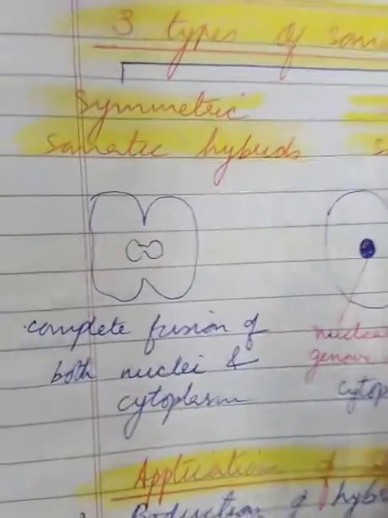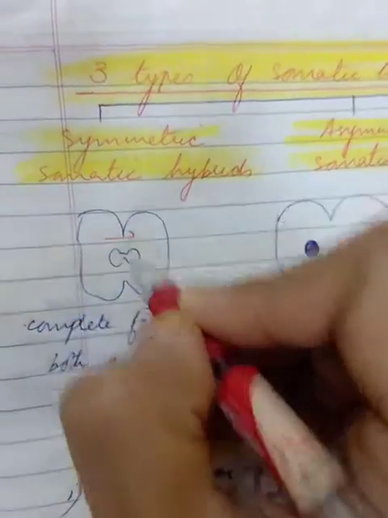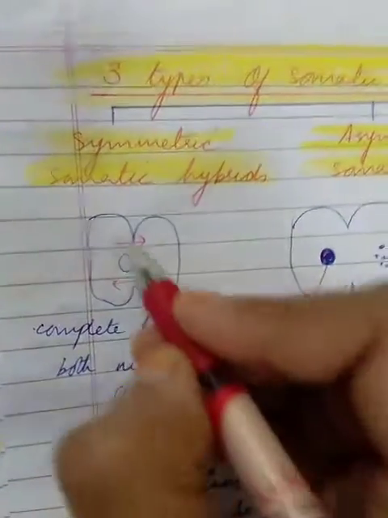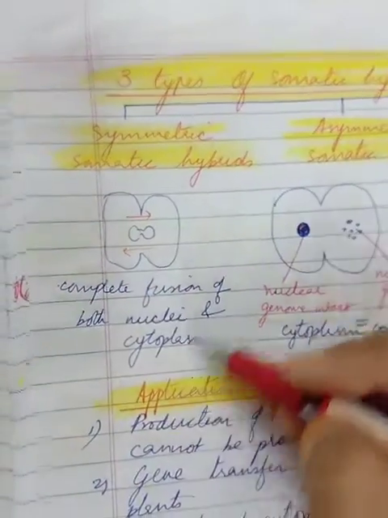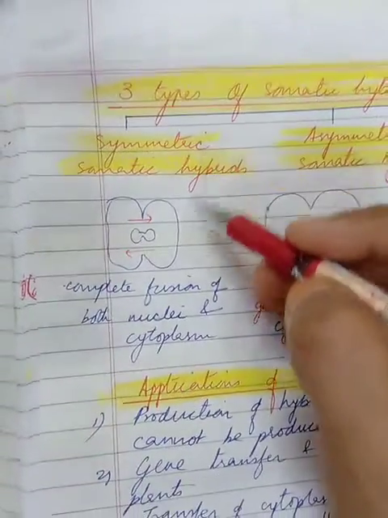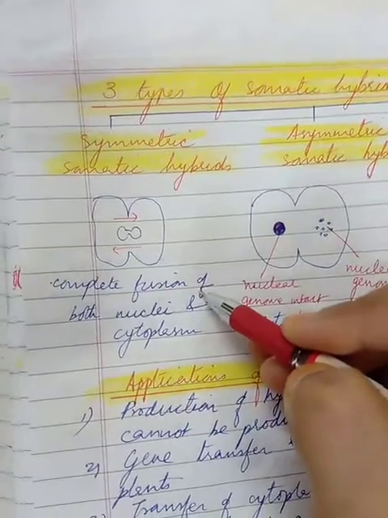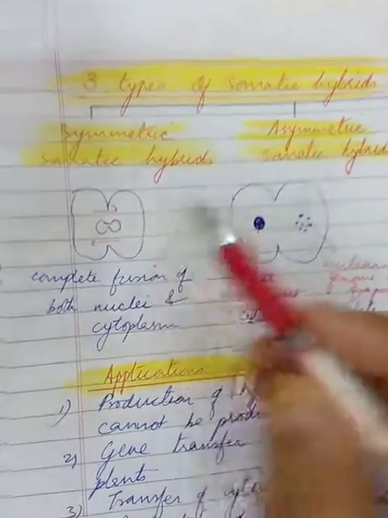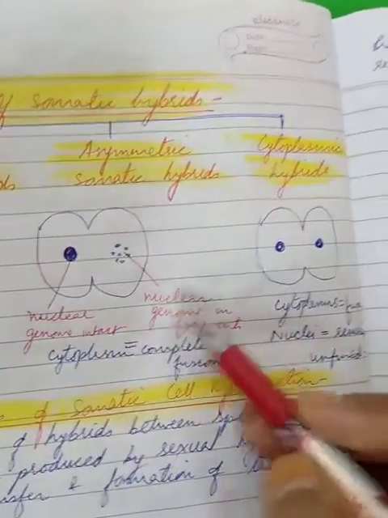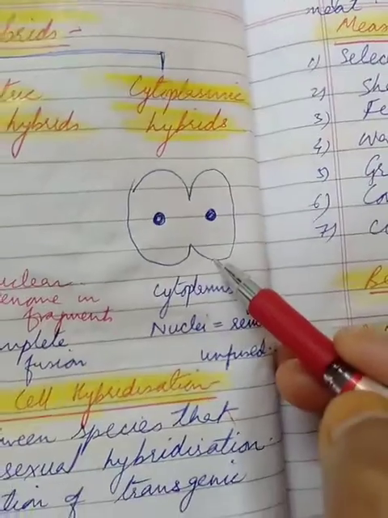Look at this diagram, children. The cytoplasm is completely fusing, and even the nuclei of both the plant cell bodies are fusing. Such a complete fusion is called a symmetric or uniform hybrid. Alright, so this is complete fusion of nuclei and cytoplasm. The opposite one, let us come to this one, cytoplasmic hybrids.